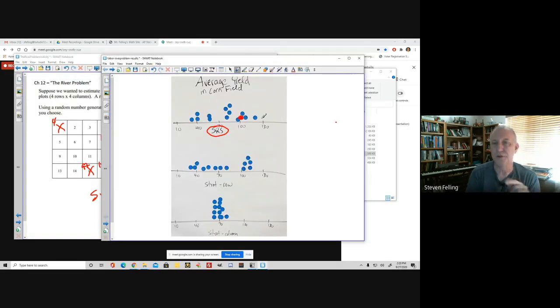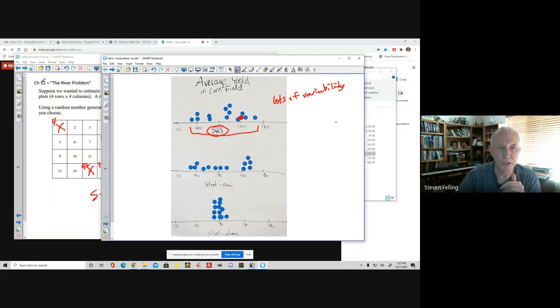Okay, and these would be the dots from other people who did random things, and they got randomly different plots of land. So there's quite a bit of variation there. Would you agree? So yes, my 100 is in here, but there's a lot of variation from sample to sample. So there's lots of variability from sample to sample here.